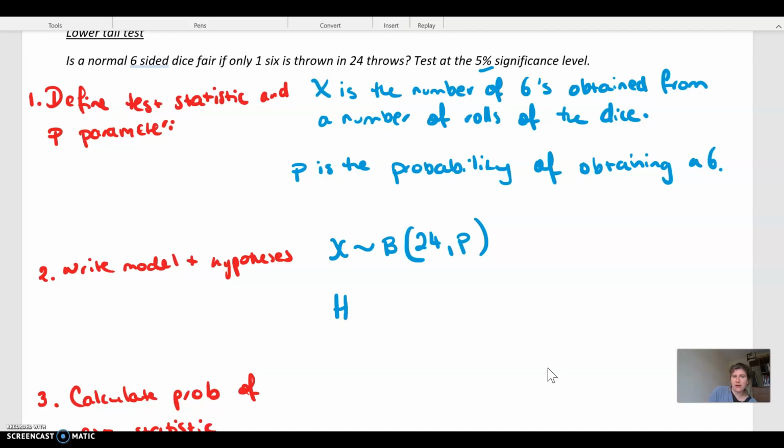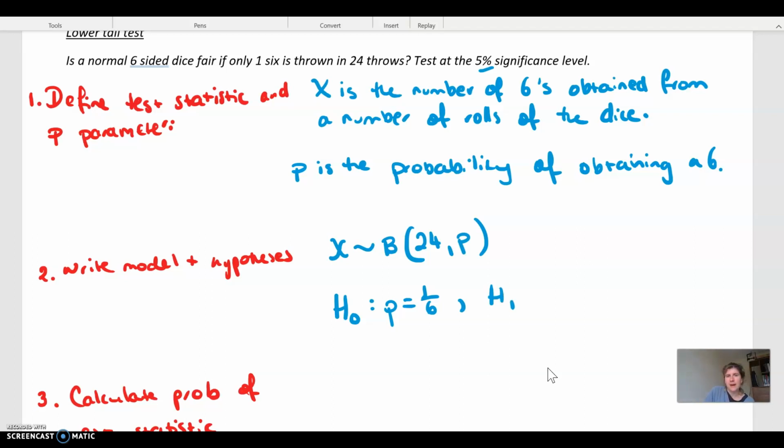Our null hypothesis is that p is equal to 1 over 6, because for a fair dice we would expect approximately 1 out of every 6 rolls to be a 6.